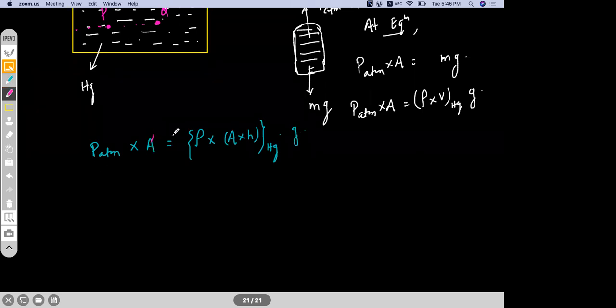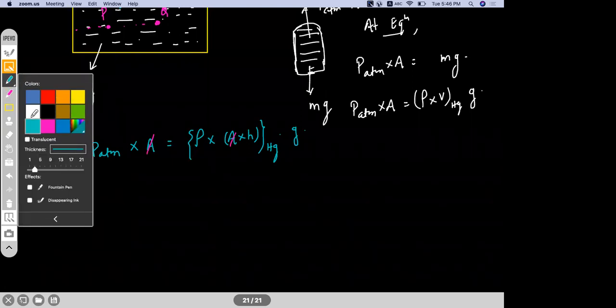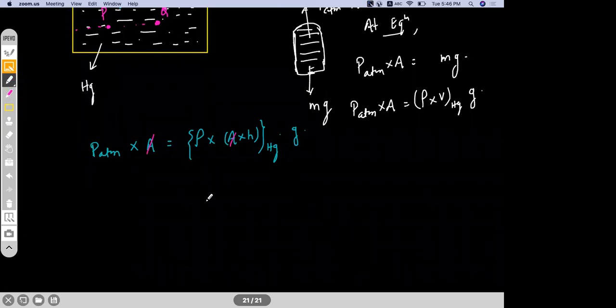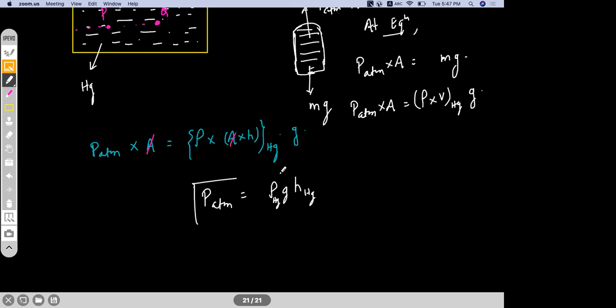And then this A and A will get cancelled. And the atmospheric pressure equals rho g h, where this height is the height of the liquid column and this rho is the density of liquid, sorry, mercury. Anybody has any doubt in this?